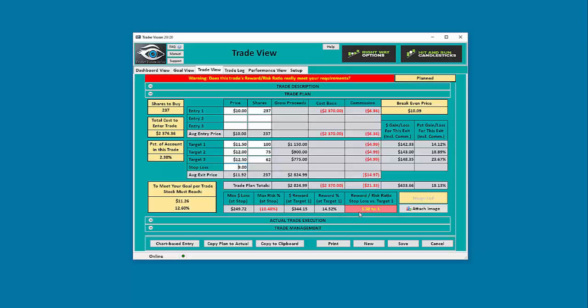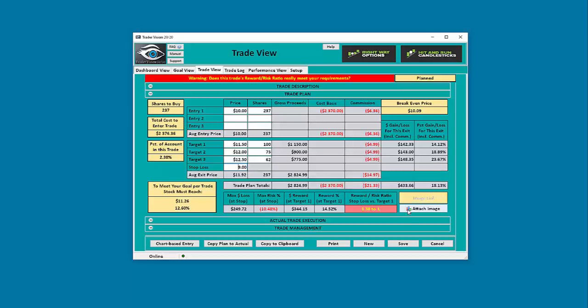Finally, are we willing to accept a 1.38 to 1 reward to risk ratio? All this must be balanced against the fact that based on these target prices, we would be able to make our trade goal if we sold the entire position at that first target.